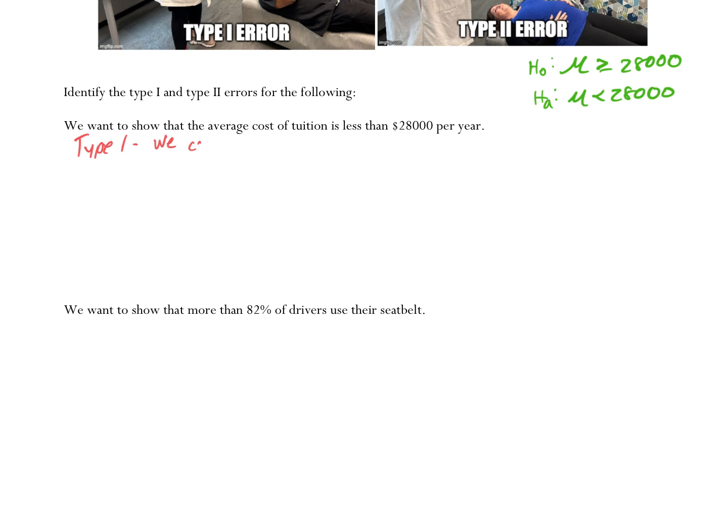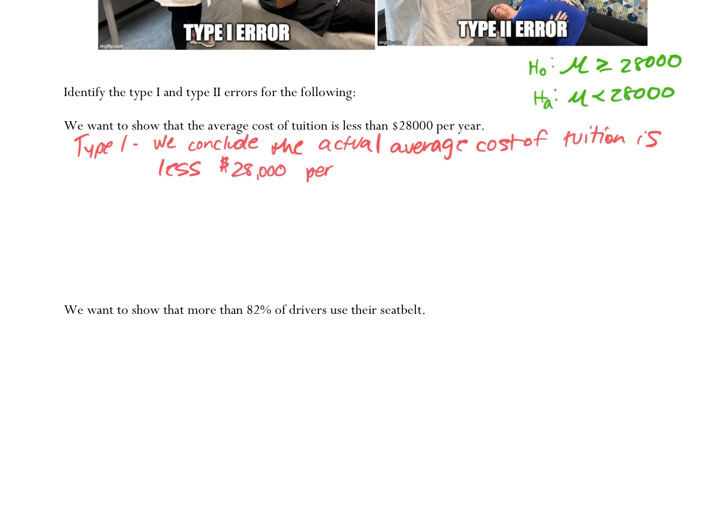So we're going to conclude the actual mean cost of tuition, or average cost of tuition, is less than 28,000 per year, even though it isn't. We're making a mistake.